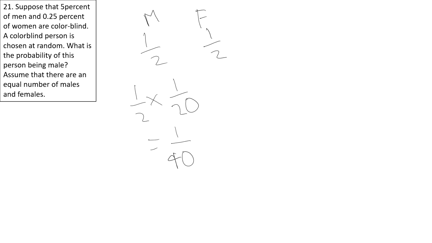So this is 1 by 40. Now coming to the female section, 0.25%. So half of 0.25 means what? 0.25% means 1 by 400, so half of that equals 1 by 800.